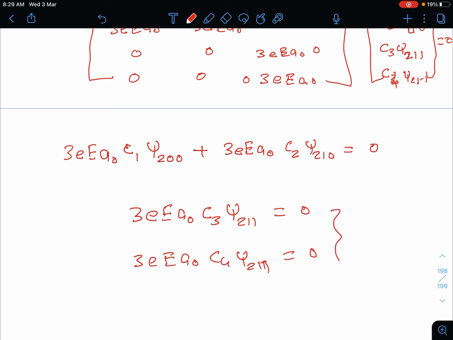So from these two you get C4 is equal to 0, C3 is equal to 0.